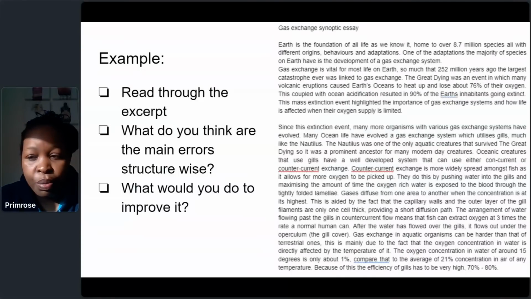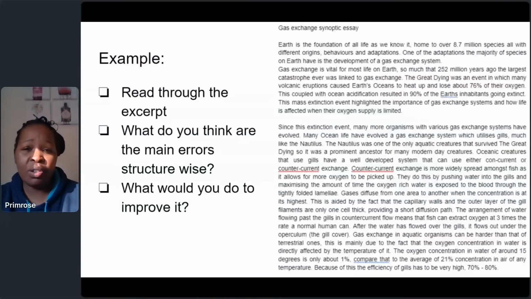So I'm just going to pause, just giving you some time. Zoom in. If it's too small, just zoom in and read even just one paragraph. And just as a bit of guidance, this is an essay that was 4 pages long. And so this is only the first couple of paragraphs. So think about where this is going as well.